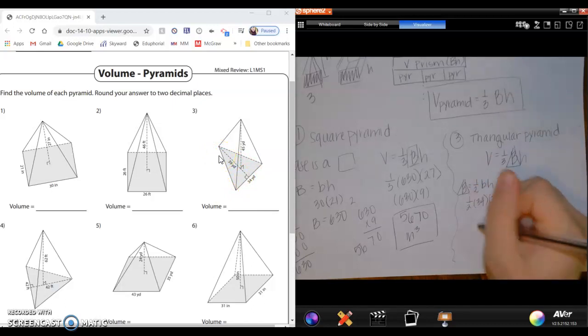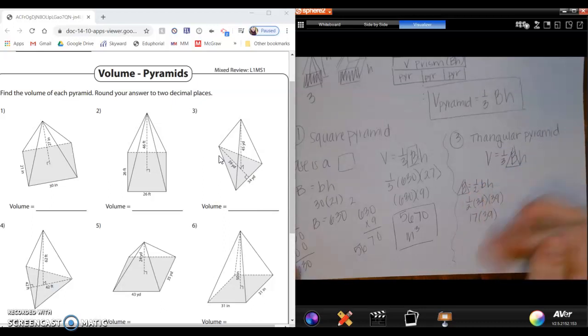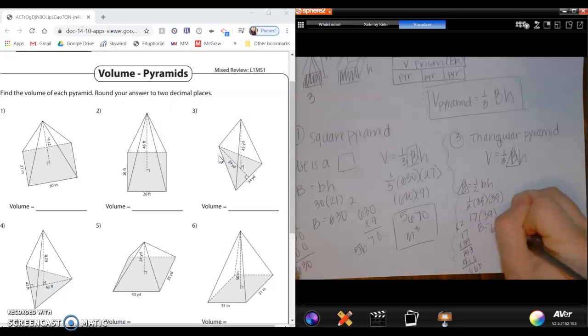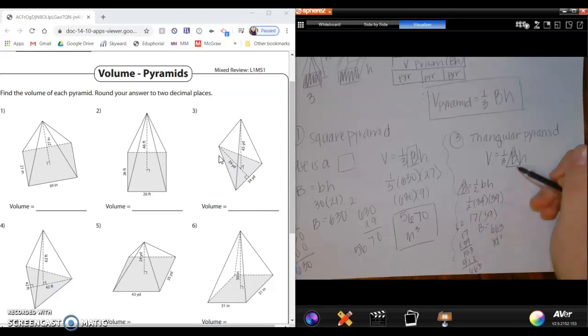Half of 34 gives us 17, and then we're going to multiply 17 times 39. So I get area of the base is equal to 663 yards squared. So that gets substituted in.